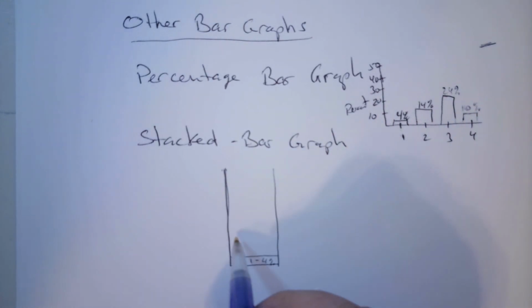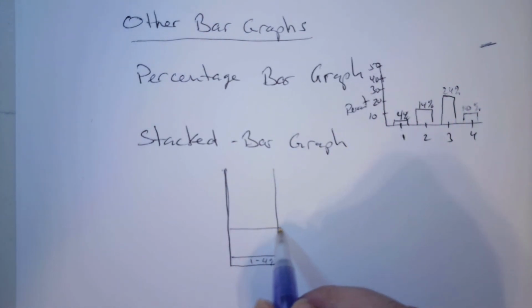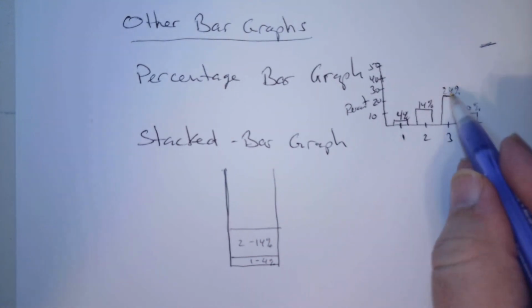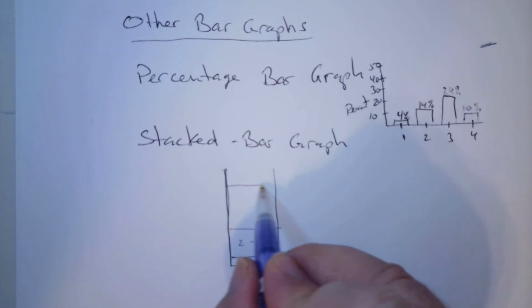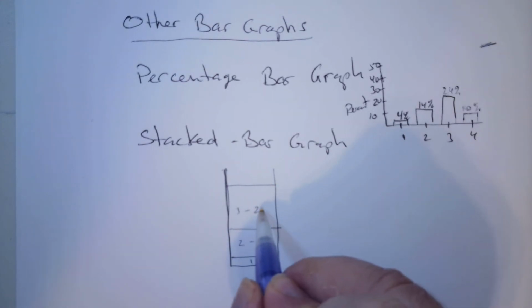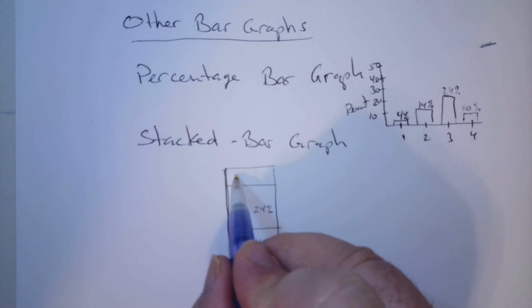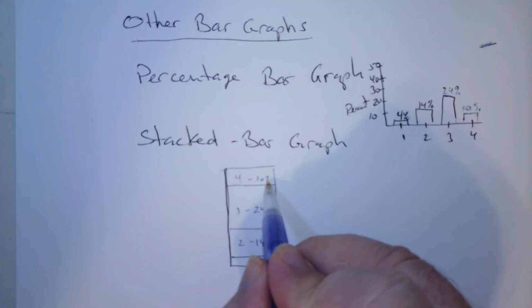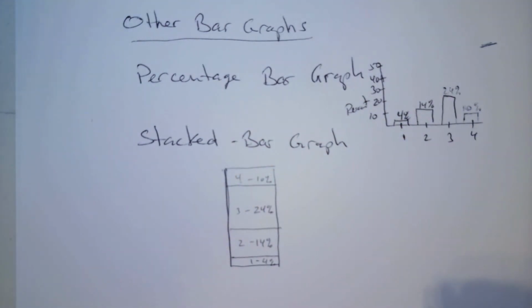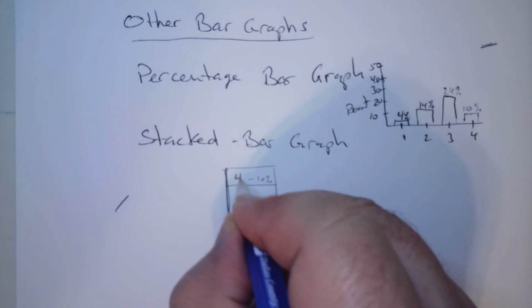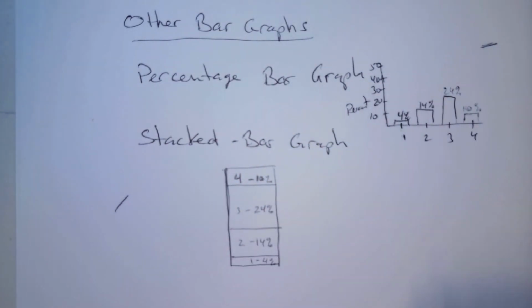The next one's 14%. The next one's 24%. And the last one's 10%. So it's relative proportionally to the entire graph that goes up and down.